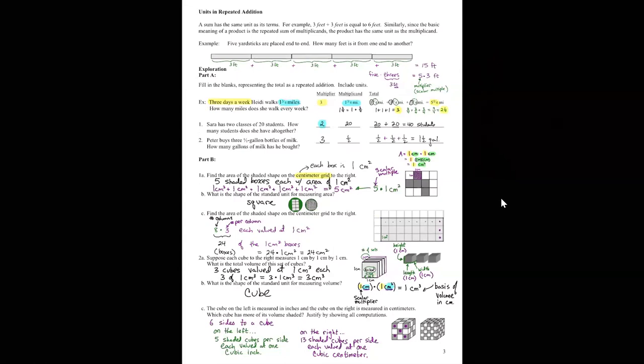All right, so we got some multiplication ahead of us, but nothing too crazy. First we'll start off with each side, each facet.